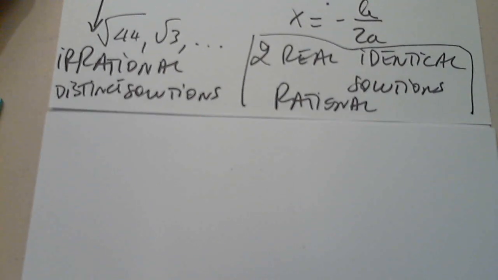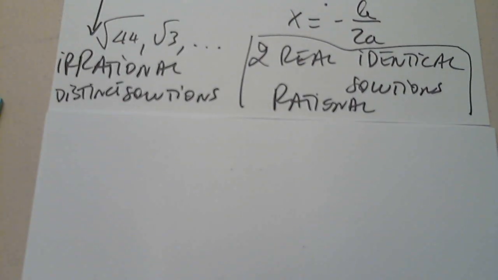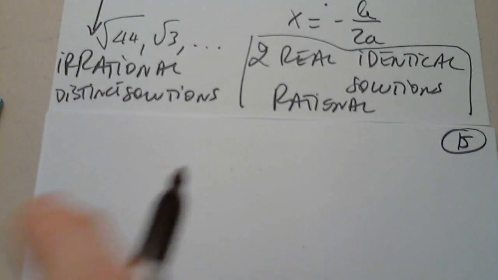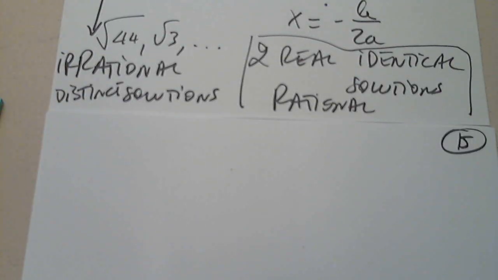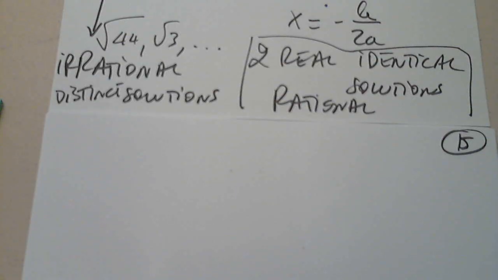Good. So now let's look at different problems concerning the discriminant. And I promise after this, there is no more new material. This is it. Determine the discriminant of the quadratic equation below.